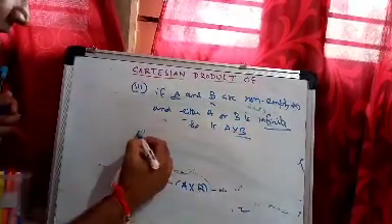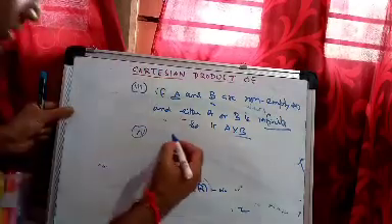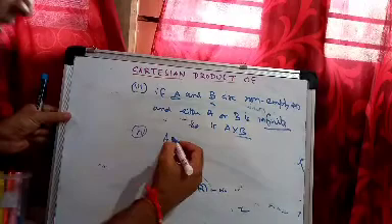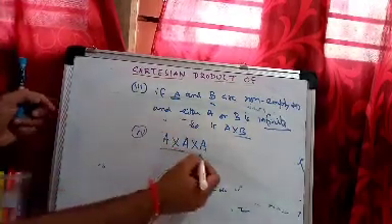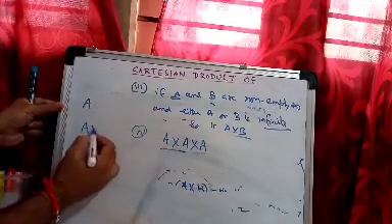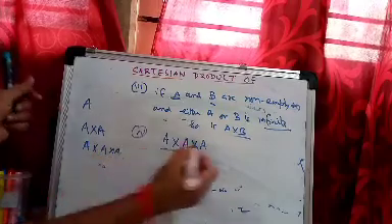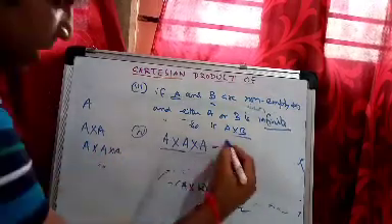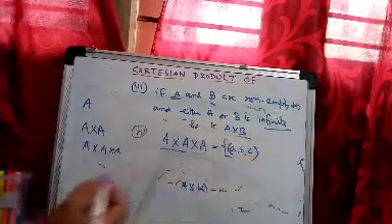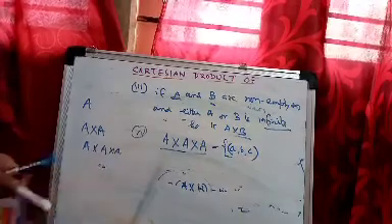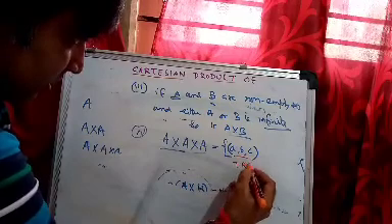And the last point is, suppose A is a set. Then A cross A. We have described A cross B, but suppose there is one set A, and I ask what is A cross A, and what is A cross A cross A. A cross A cross A has three elements, suppose a, b, c. That time we take an ordered triplet. This is not an ordered pair. There are three elements, so we call it a triplet.